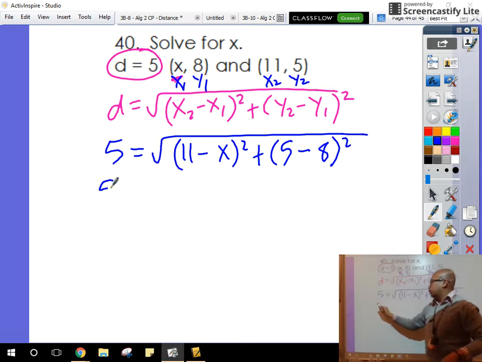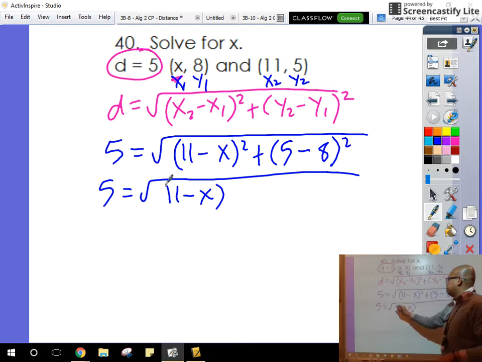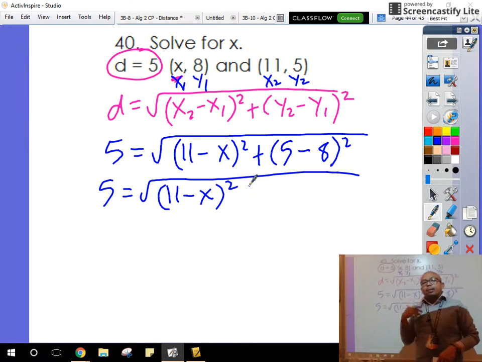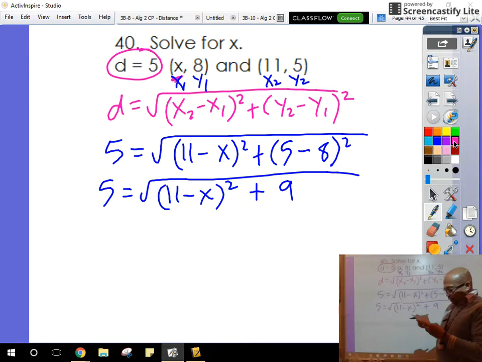11 minus x, you cannot do anything over there for now. And 5 minus 8 is negative 3. But when you square it, two negatives, negative 3 times negative 3, will just be 9 here. And then what you do next is take the square, so you can cancel this.